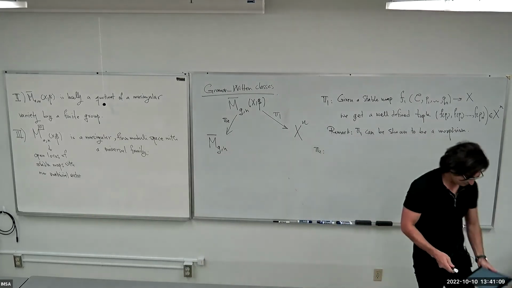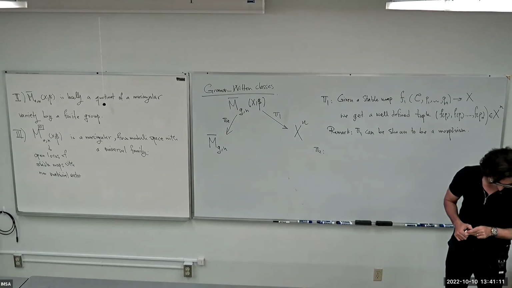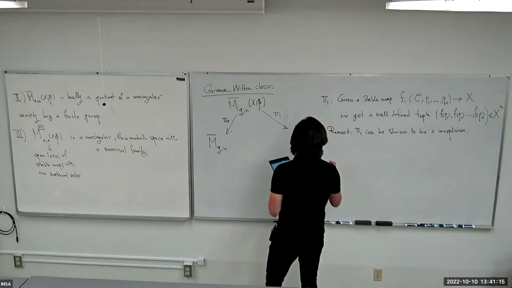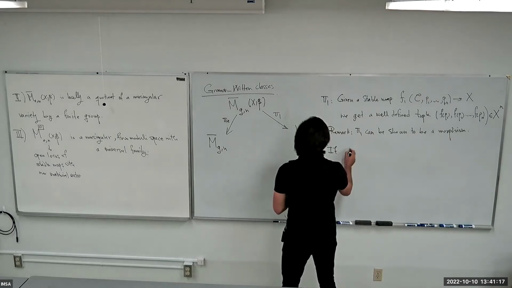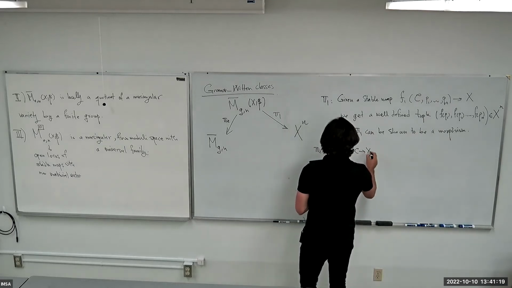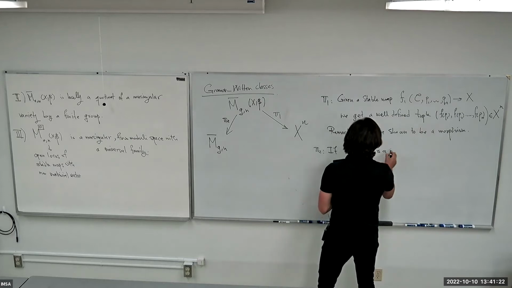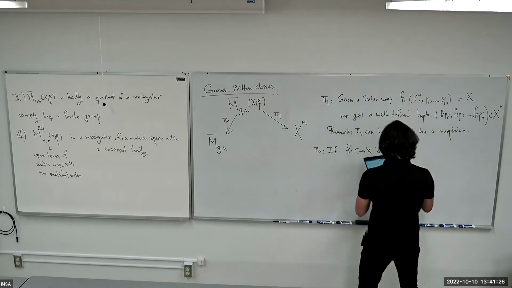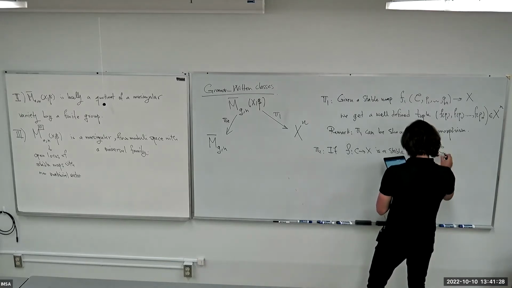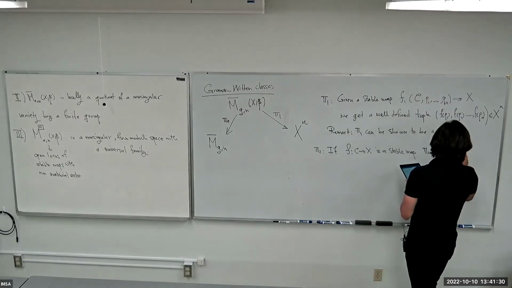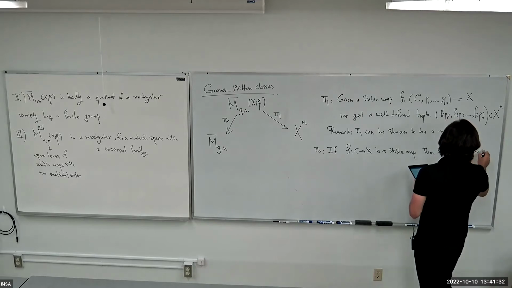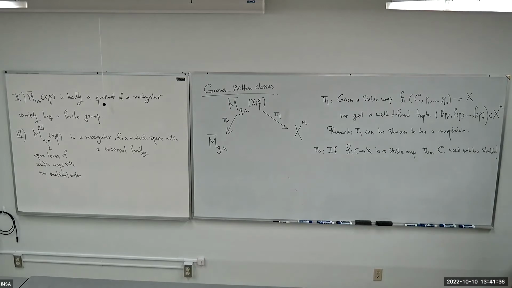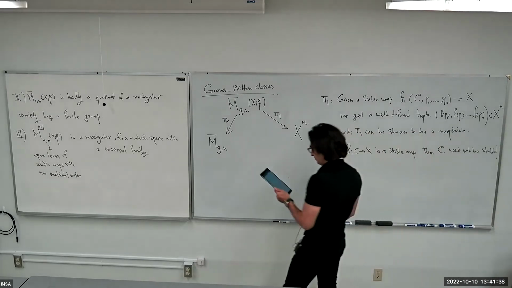Okay, so this is very important. Let's say it again one more time. If f from C to X is a stable map, then C need not be stable. Yes, we know that. We know the recipe for what makes this stable.